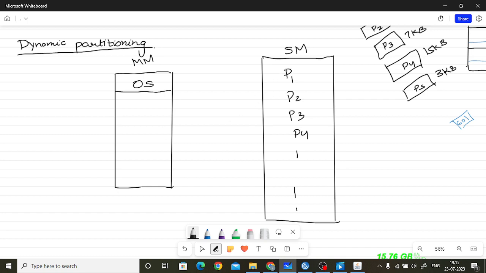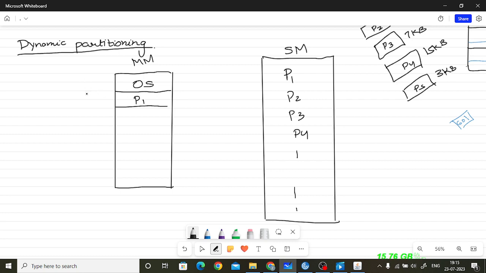What we do in this, we will not divide our main memory into fixed size partitions. So the process P1 will come first and acquire the amount of space equal to its size in the main memory.